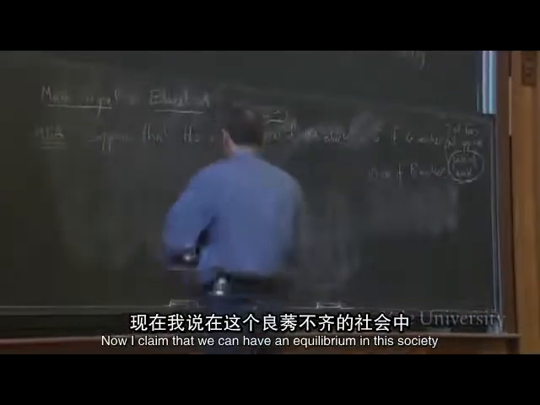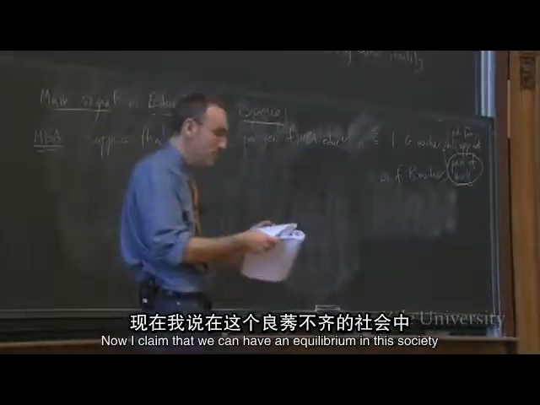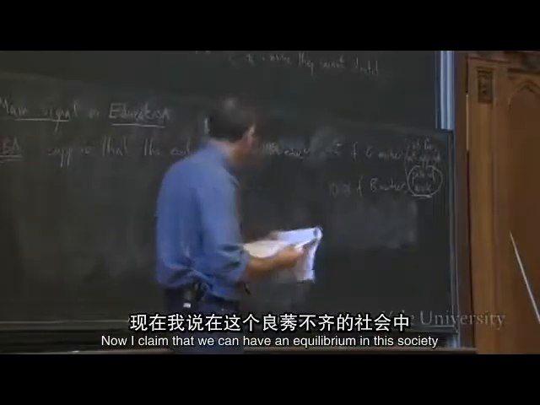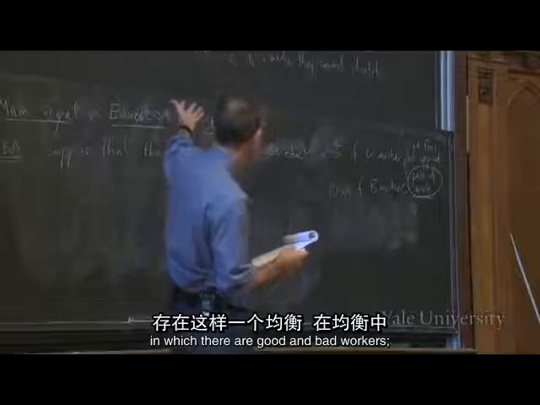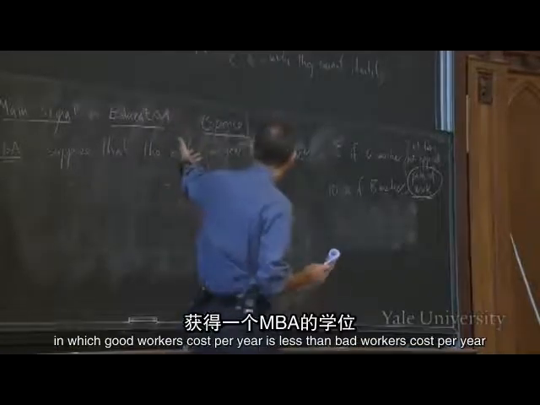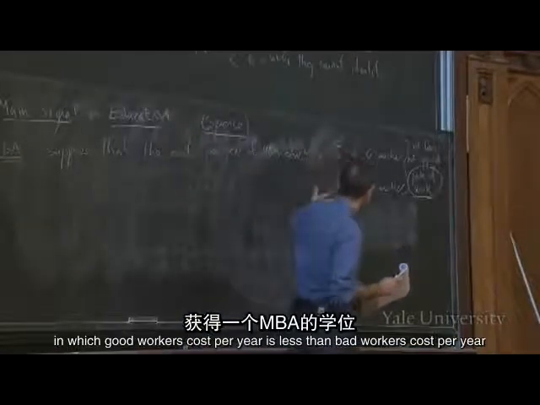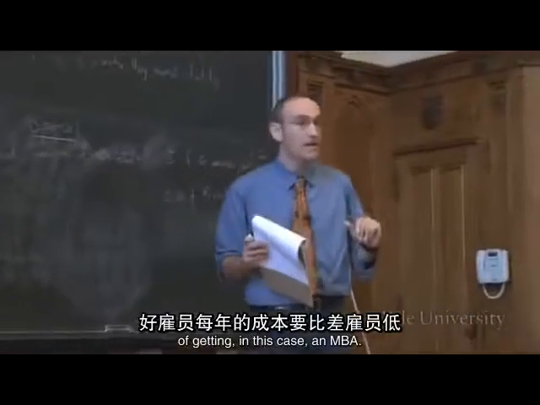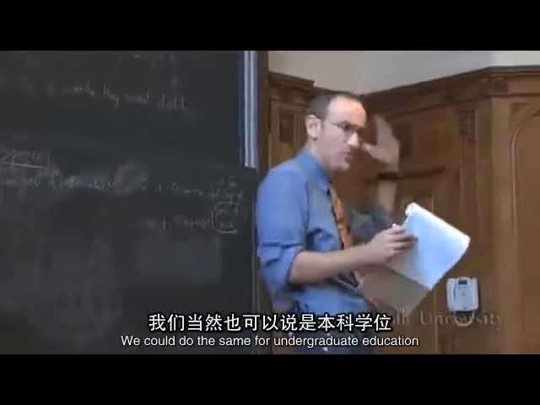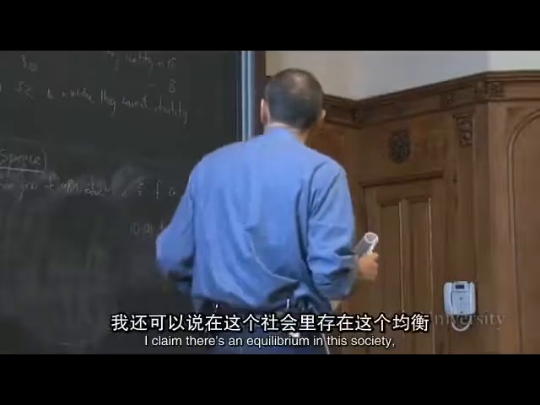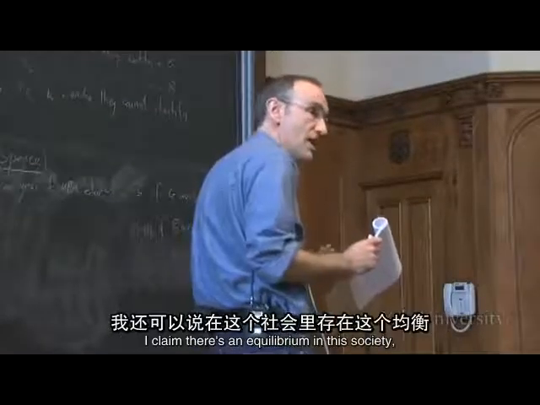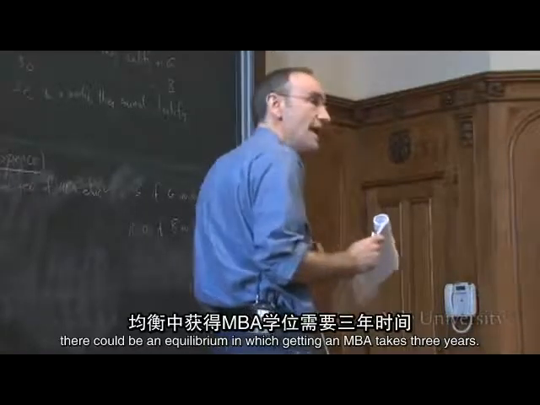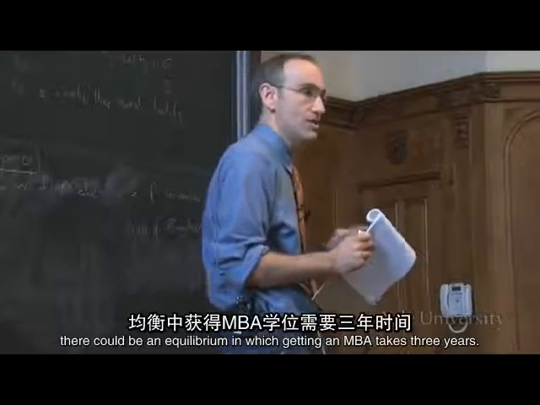Now, I claim that we can have an equilibrium in this society in which there are good and bad workers, in which good workers' cost per year is less than bad workers' cost per year of getting, in this case, an MBA. We could do the same for undergraduate education, but let's focus on the MBA for now. I claim there could be an equilibrium in which getting an MBA takes 3 years.